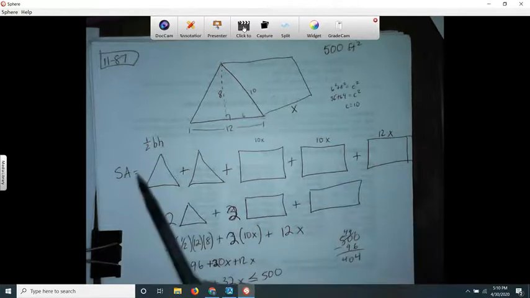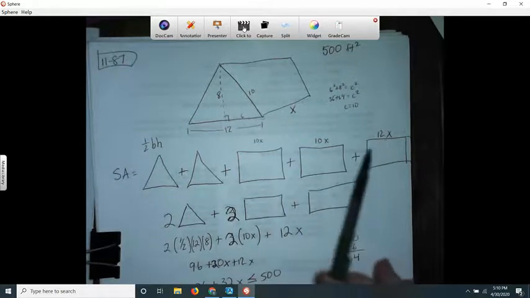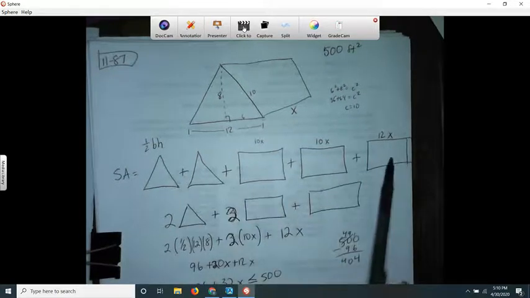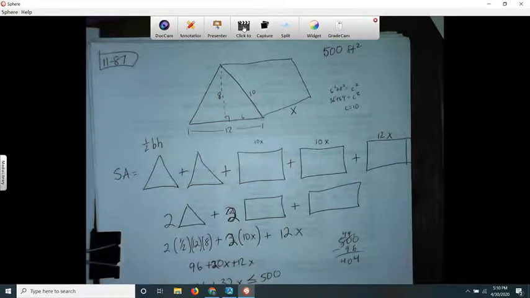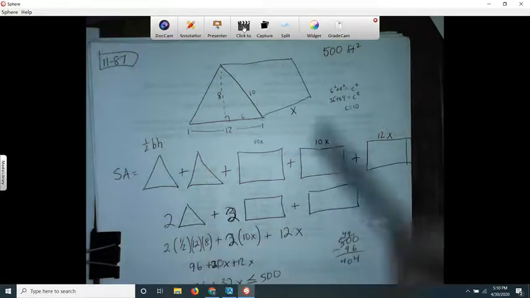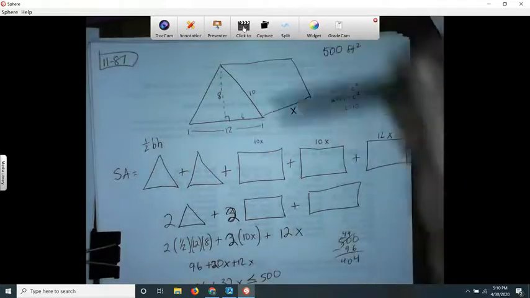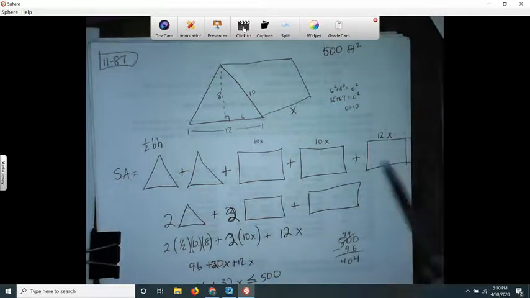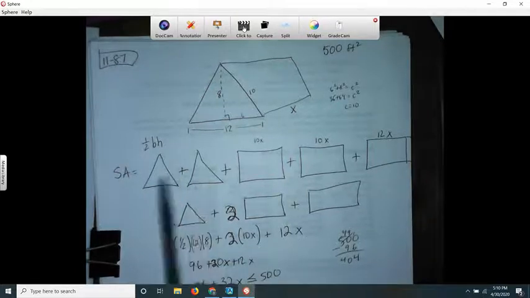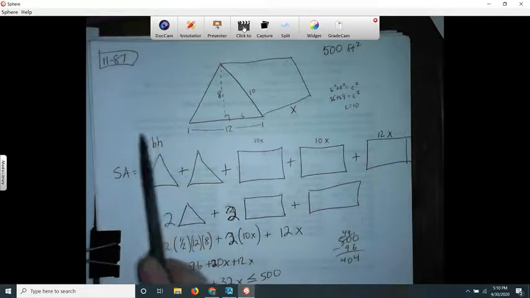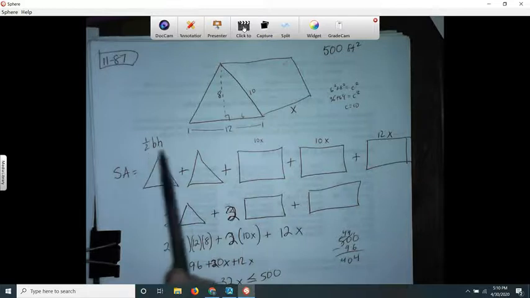So this is all the material laid out to make our tent, and we only have 500 square feet of material. So we got the front and the back, and these are the 2 sides, and there's the floor. If I break that down, that's 2 triangles that are exactly the same. The formula for the area of the triangle is 1/2 times base times height.